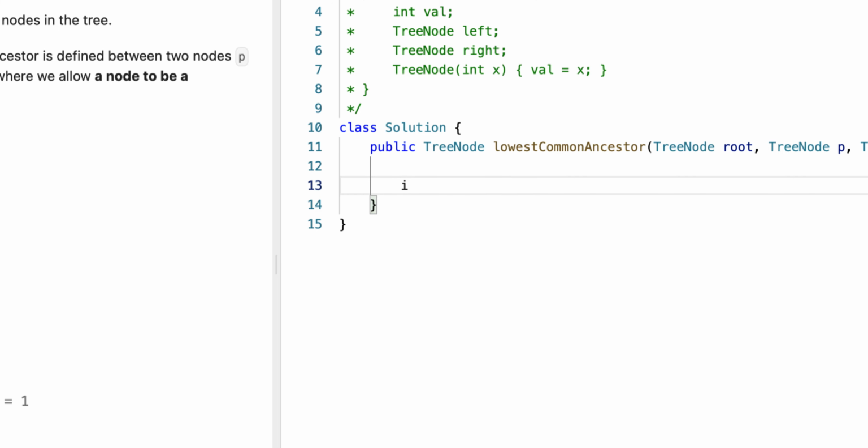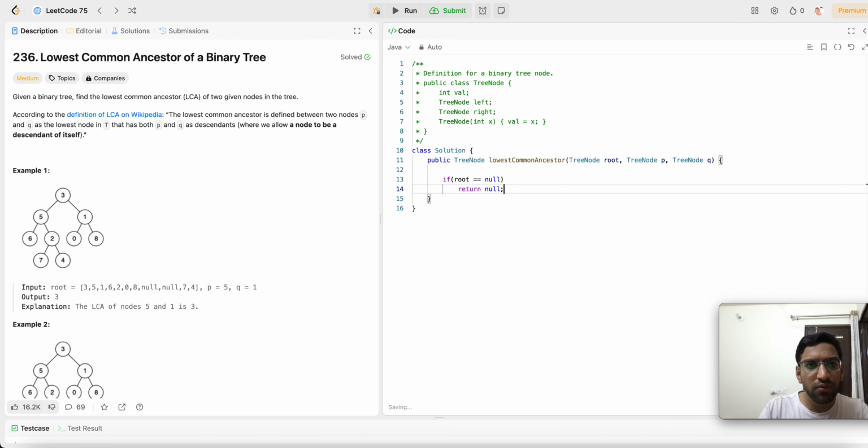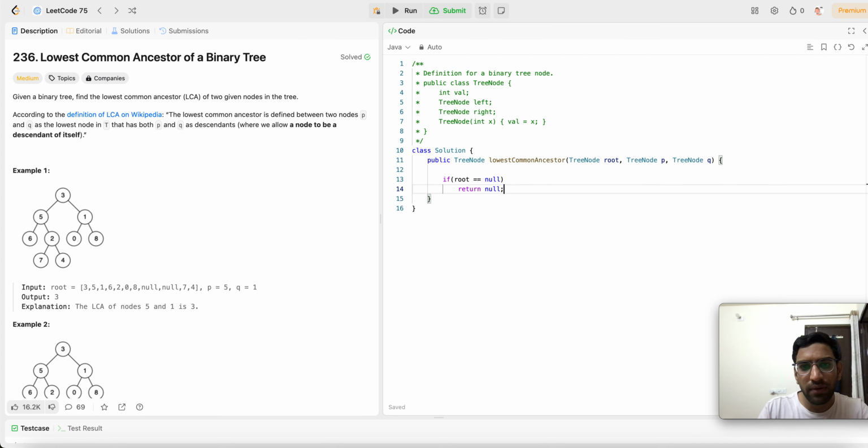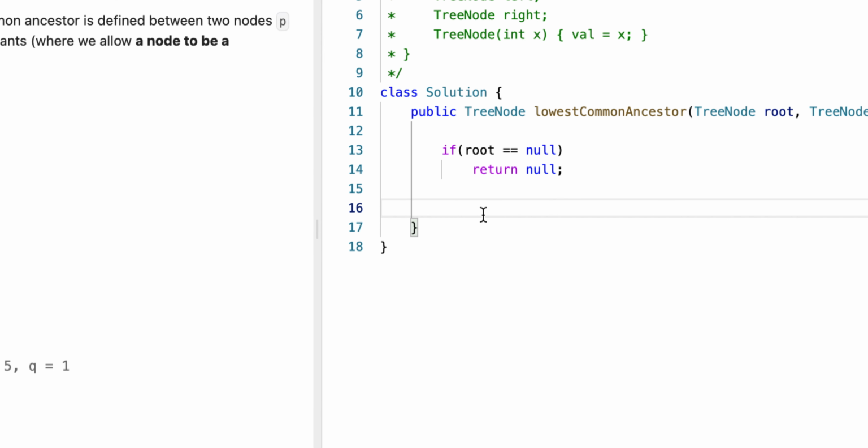We are saying if our root is equal to null, return null. This is the case when we reach the leaf node, which means we didn't get the value of P or Q, right? Then do the DFS traversal.